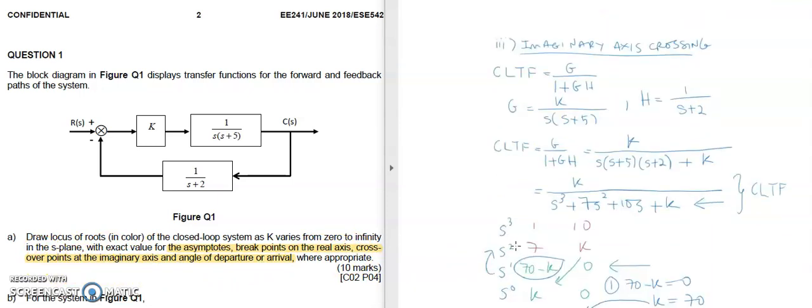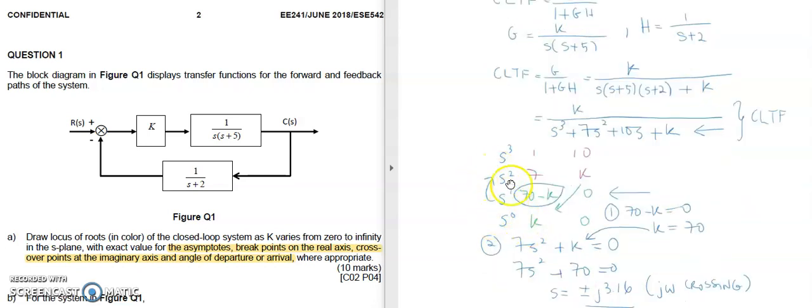The next one is to calculate the crossover points at the imaginary axis. For this one, you need to use the Routh criterion, where you need to use the closed loop transfer function. For the closed loop transfer function, the formula is G over 1 plus GH. Use the denominator of the closed loop transfer function. Construct the Routh table.